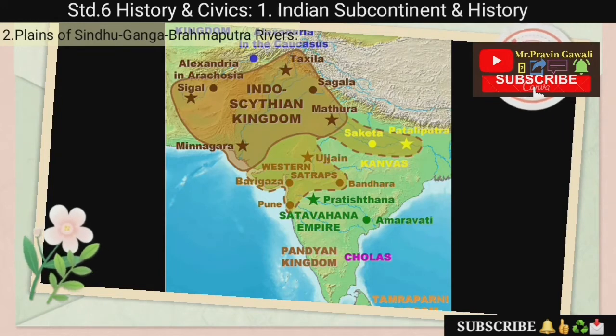For example, the Maurya Empire emerged in this region only. As well as we have studied, all the Janapadas and Mahajanapadas emerged in this region only. So this is about the plains of Sindhu, Ganga and Brahmaputra rivers.